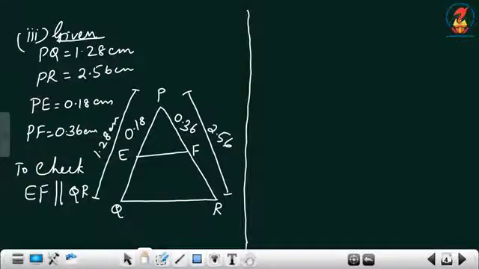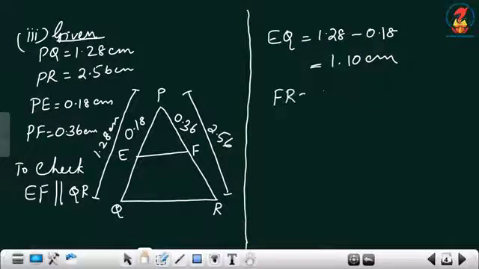So we have to find EQ. EQ is equal to total length 1.28 minus 0.18, which is equal to 1.10 centimeter. Same way, FR is equal to 2.56 minus 0.36, which is equal to 2.20 centimeter.